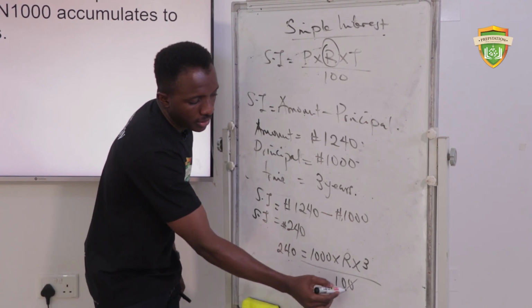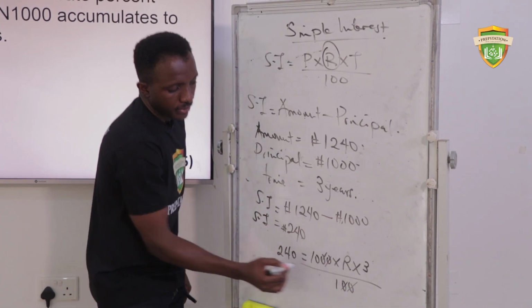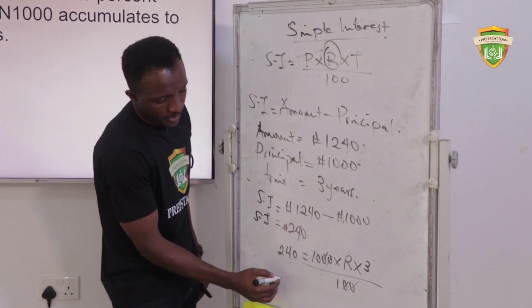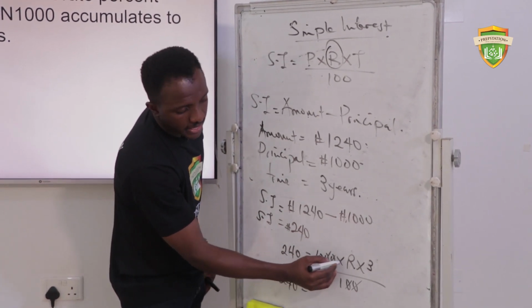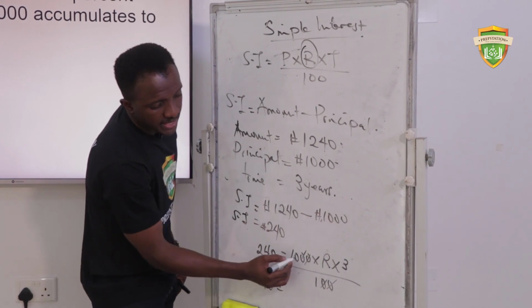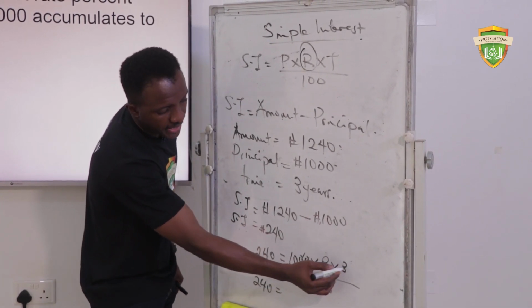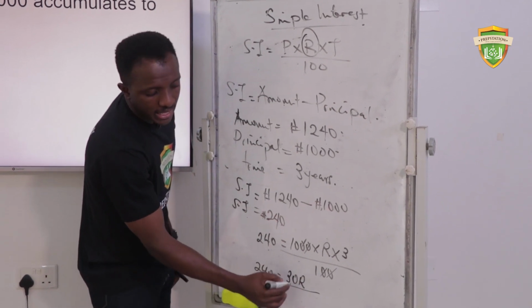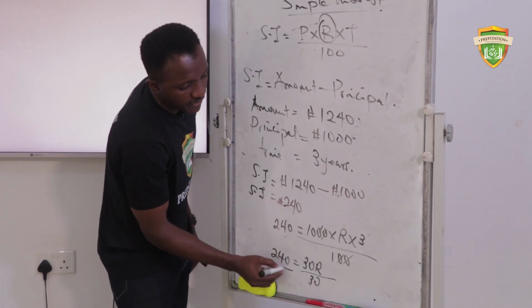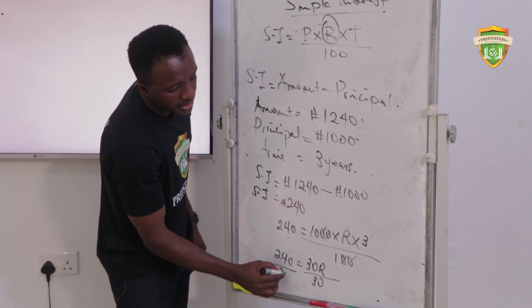So we can cancel. We're left with 10 here. So if you multiply, this is 10 times R times 3. 10 times 3 is 30. 30 times R is 30R. So to get our R, we need to divide both sides by 30.